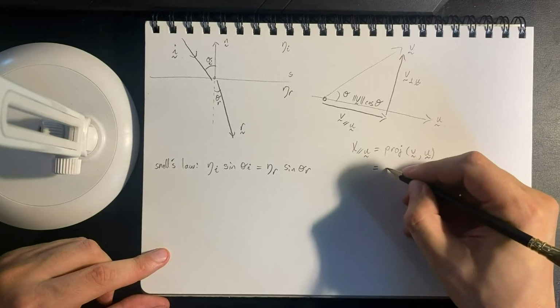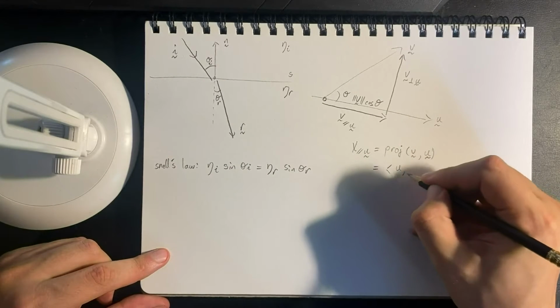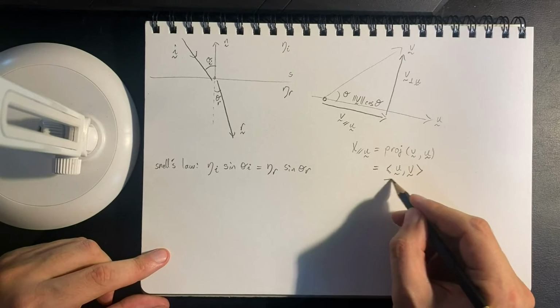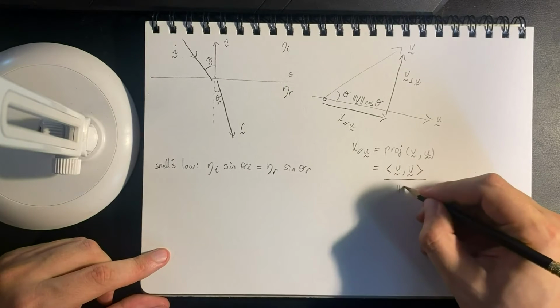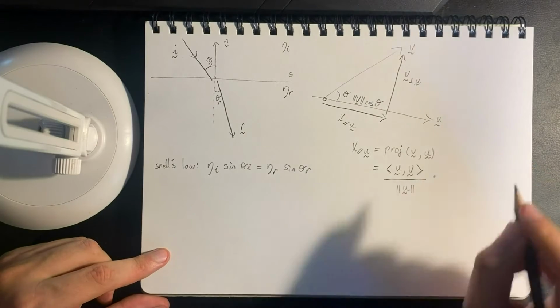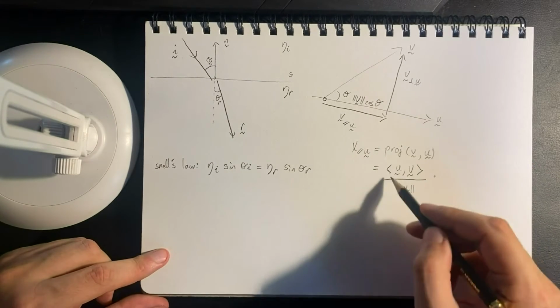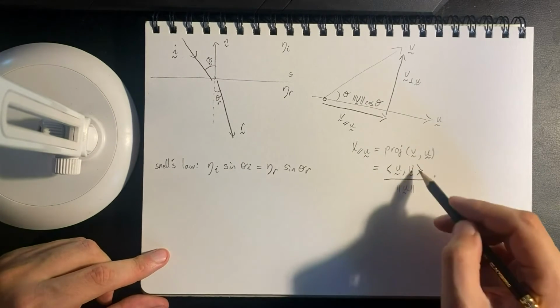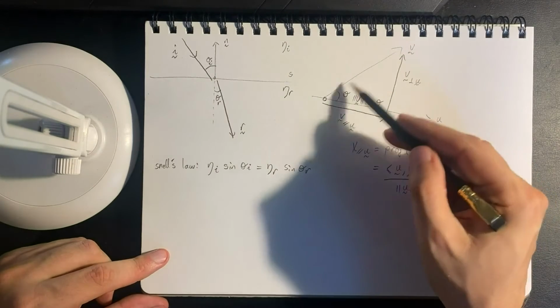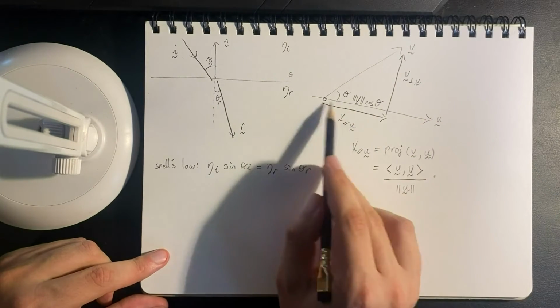So what we'll do is I'll take the inner product of u and v. In order to normalize that, I'll divide by the magnitude of u, and at this point we've bounced it down to a number. It's simply a number that indicates the length of this vector.